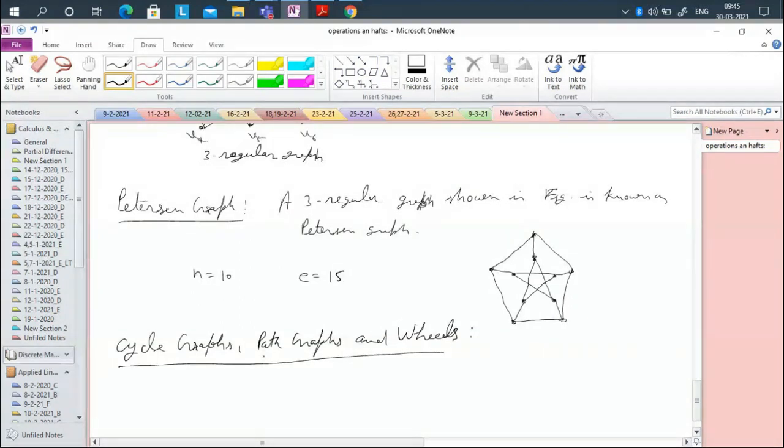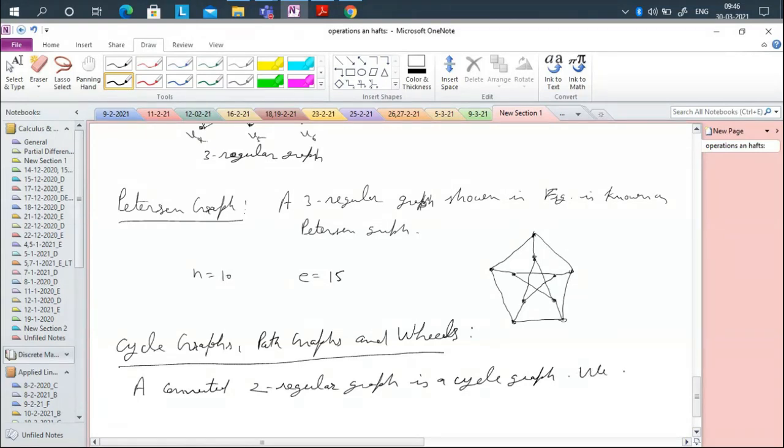See, a connected 2-regular graph is called a cycle graph.